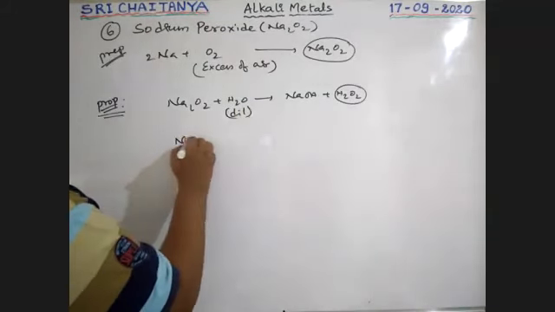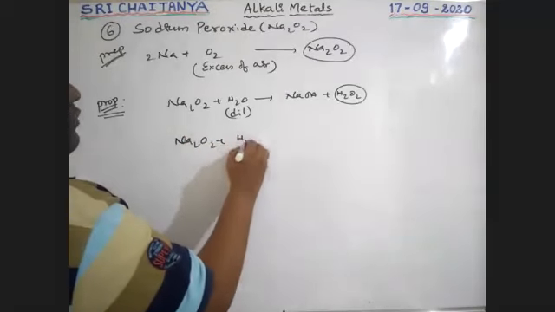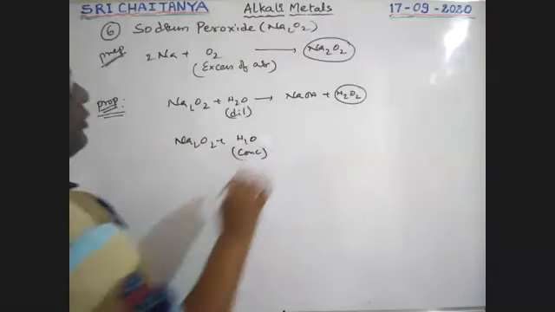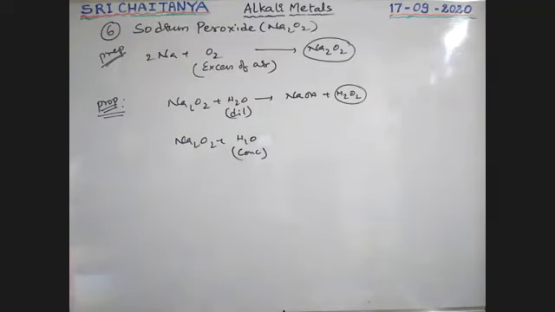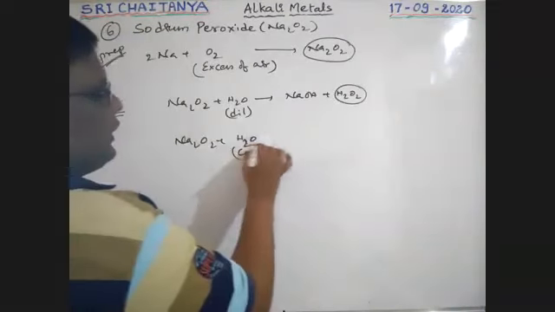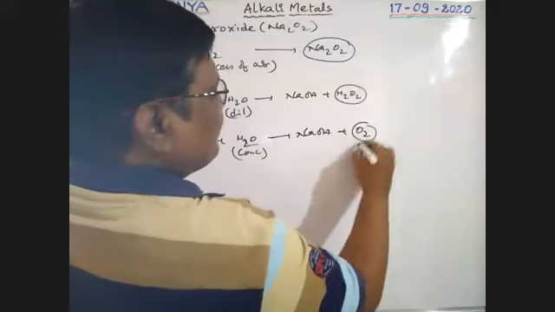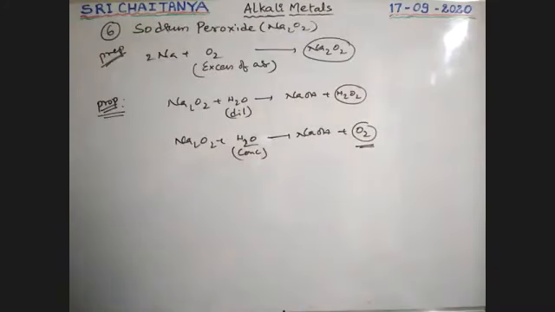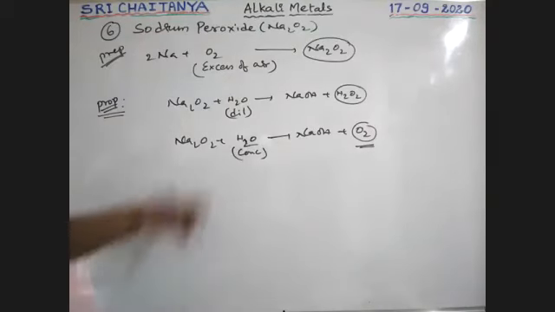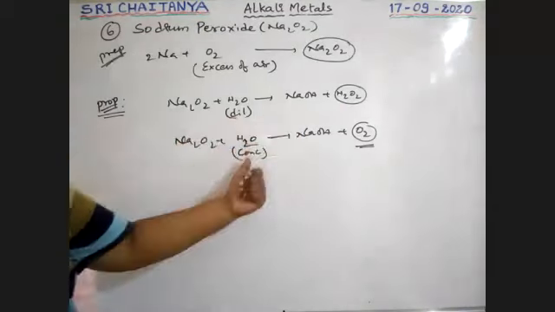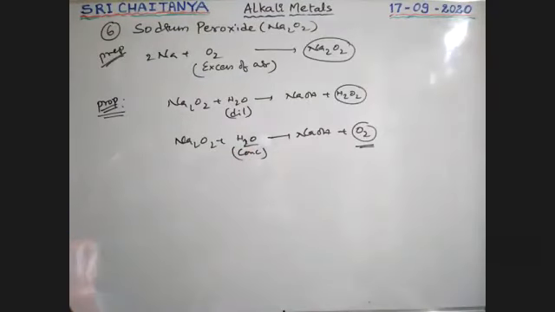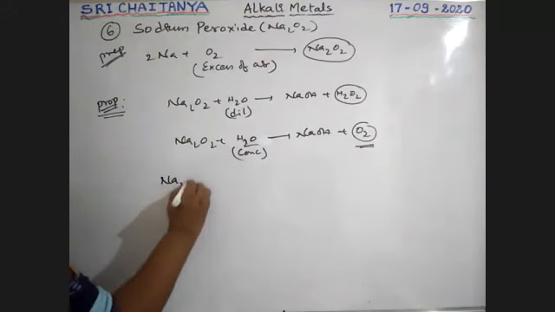The same sodium peroxide, if a concentrated solution is taken, gives NaOH and oxygen gas is evolved. Very, very important, please keep in mind: dilute solution gives H2O2, concentrated solution gives oxygen.